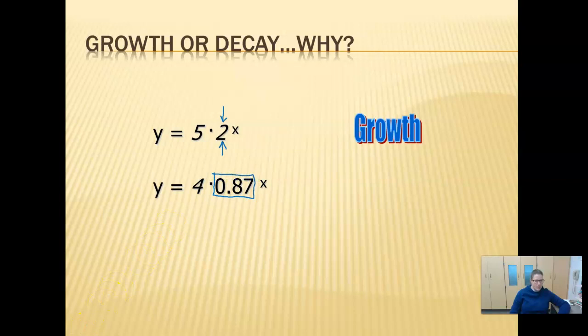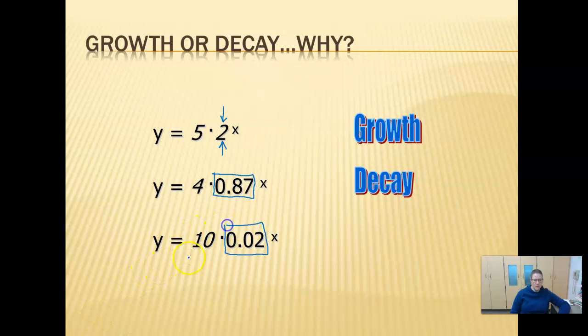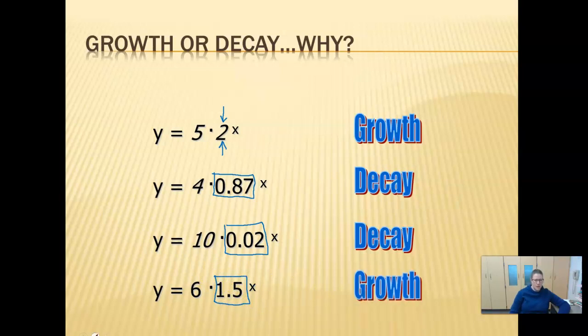Because of that, when I multiply it together over and over again, it's going to decay. It's going to get smaller and smaller. Same thing with this one. This part right here is less than 1, so that's going to be decay. And then this one right here, because 1.5 is bigger than 1, it's a decimal bigger than 1, so that one will also be exponential growth.